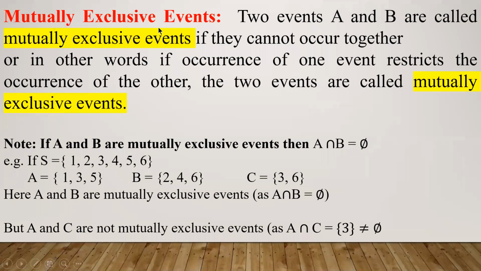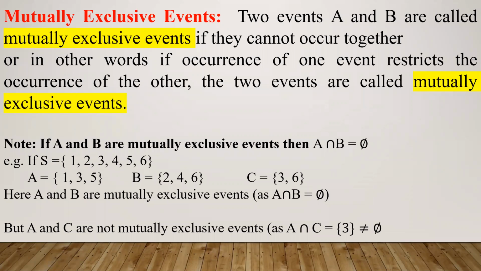Now we'll define mutually exclusive events. Two events A and B are called mutually exclusive events if they cannot occur together. Or in other words, if occurrence of one event restricts the occurrence of the other, then such two events are called mutually exclusive events.